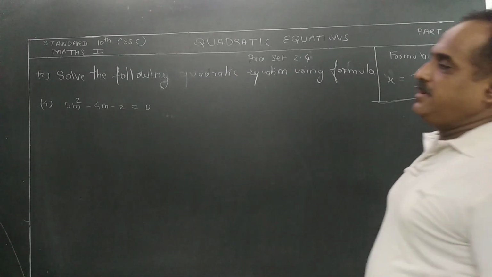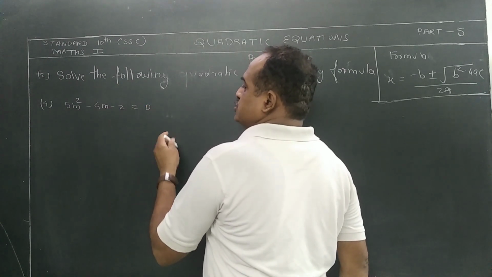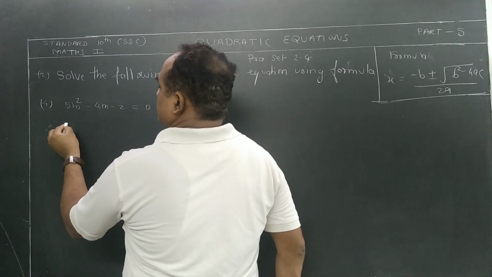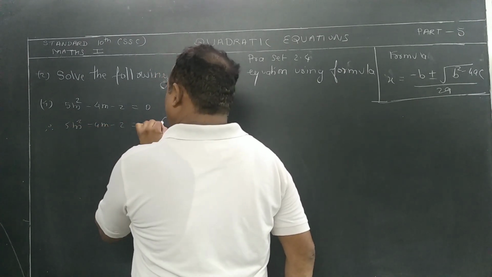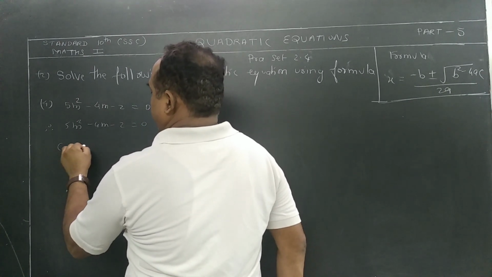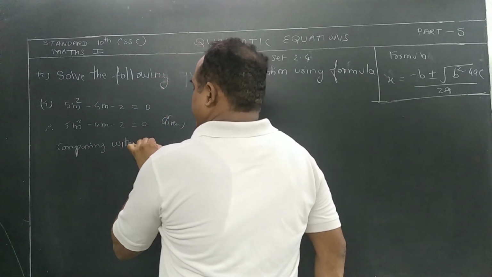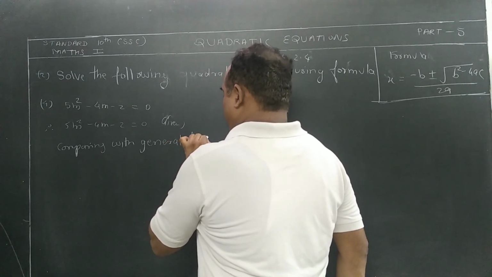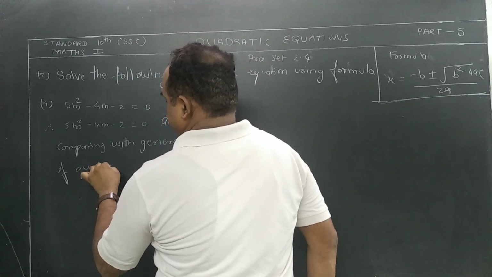Now, see the question. Fourth question is 5m square minus 4m minus 2. So how are you going to do it? Therefore, 5m square minus 4m minus 2 is equal to 0. It is given. Now we are going to write, comparing with the general form of quadratic equation.